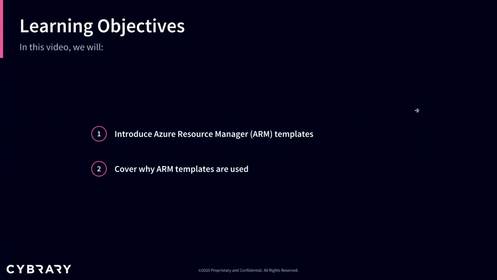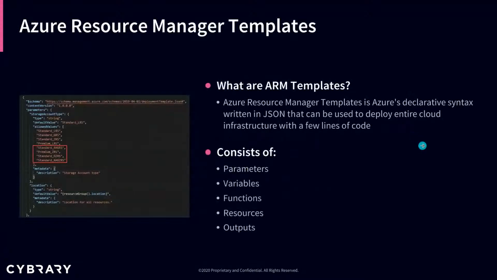These are also commonly known as ARM templates, and we'll talk about why we need them. Azure Resource Manager templates are basically templates that use JSON to declare all of your infrastructure with a few lines of code. So let's look at this example.